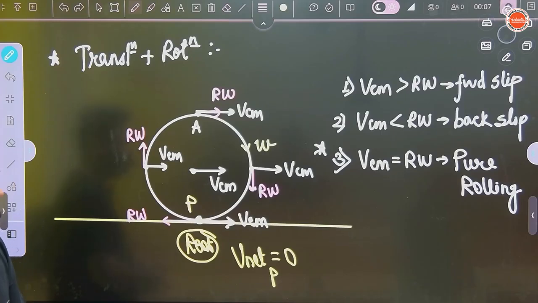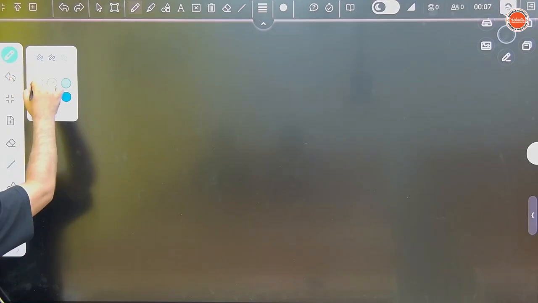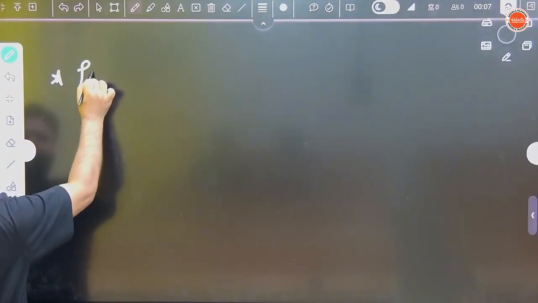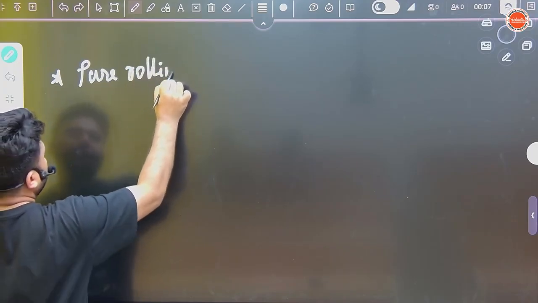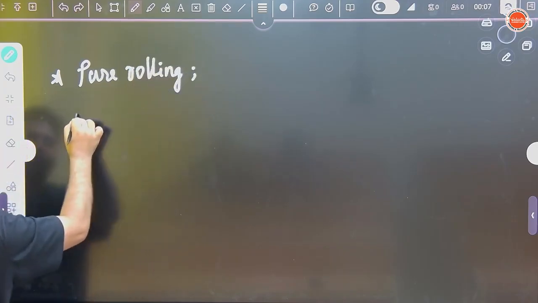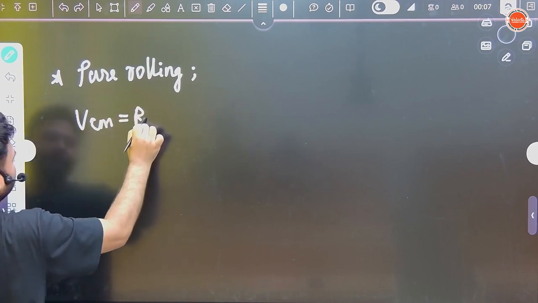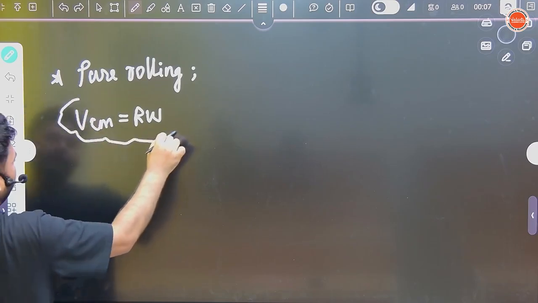Understood? So always remember 2 things. Again, we have less time. In pure rolling, the velocity of center of mass equals r omega. This point you have to remember.